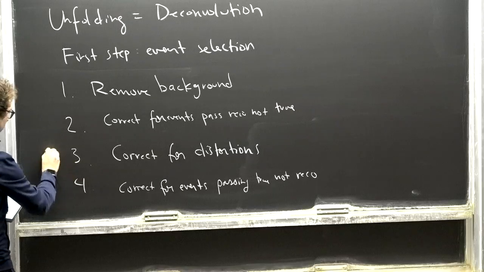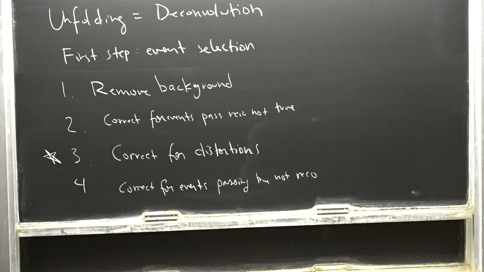Like I said, I'm going to focus on step three, because that's the biggest effect. The larger the fiducial volume, the more inclusive your selection, the less the other things are a problem. If you make a really big fiducial volume, events can't migrate in and out of it, because everything is in the volume. All right. So first, classical unfolding.